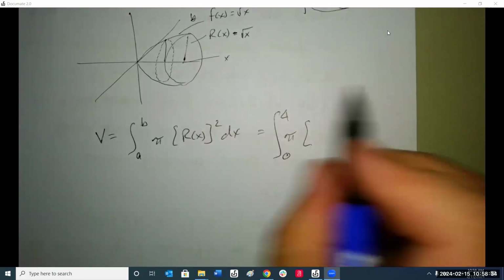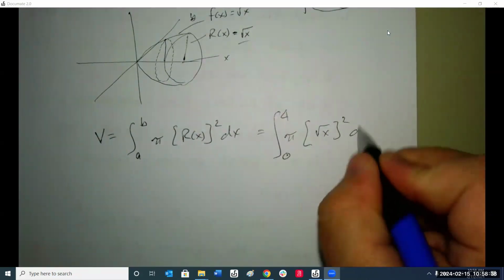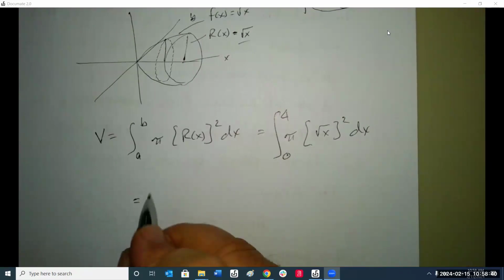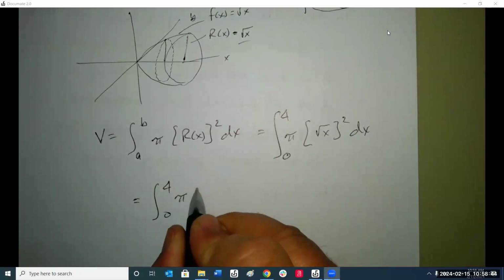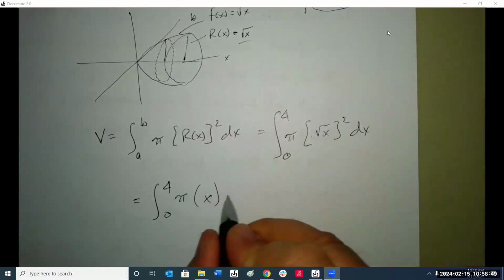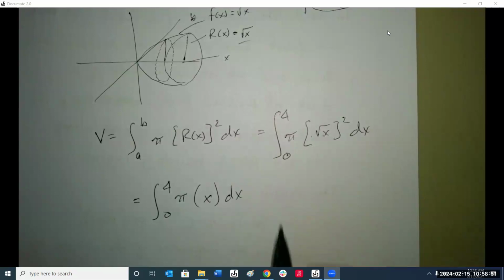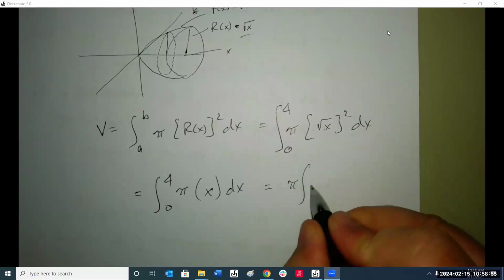Pi r is square root of x squared. Square root of x squared becomes x. The pi is a constant. It can go out.